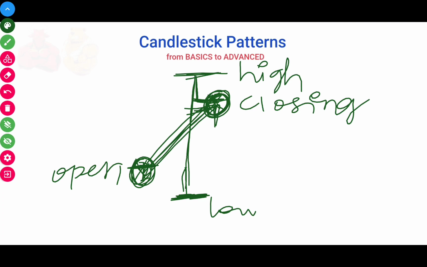Here we are marking this opening price and closing price range. You can see a candlestick is formed here, which means from here it's the closing price, and here it's the opening price, and here it's the low, and here it's the high.